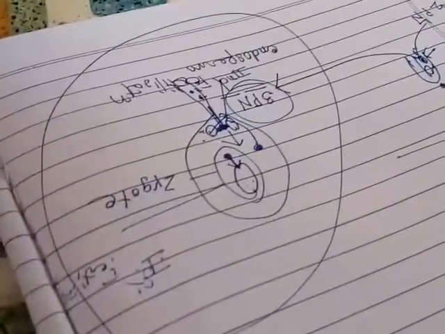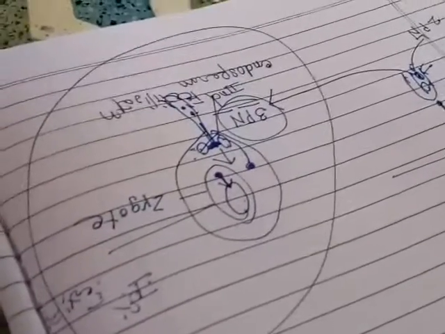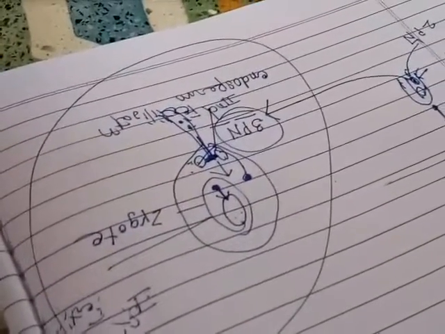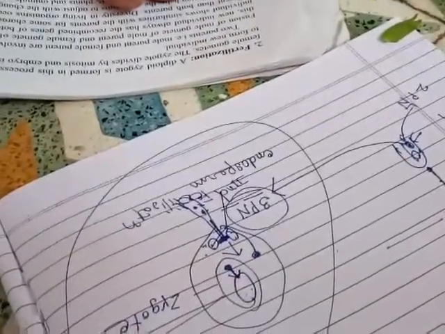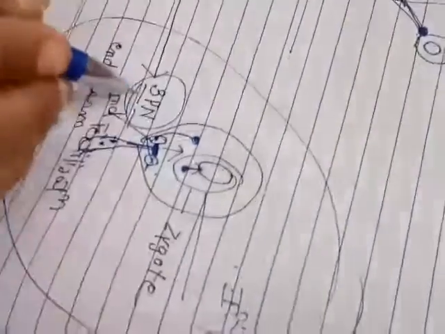The process of sexual reproduction in plants is known as double fertilization, as two fertilization events take place in this process. Understood? This is two, and the two nuclei take part in the fertilization, hence it is known as double fertilization.